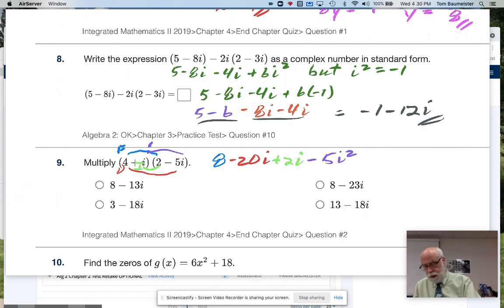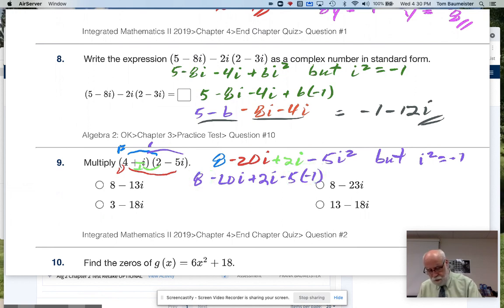But again, remember we just said up above that i squared is equal to negative 1. So I'm going to have 8 minus 20i plus 2i minus 5 times a negative 1. Well, negative times a negative is a positive, so 8 plus 5 is going to be 13, and negative 20i plus 2i is equal to minus 18i. And that'll be that one right there.